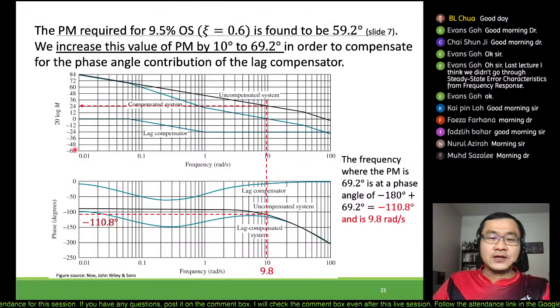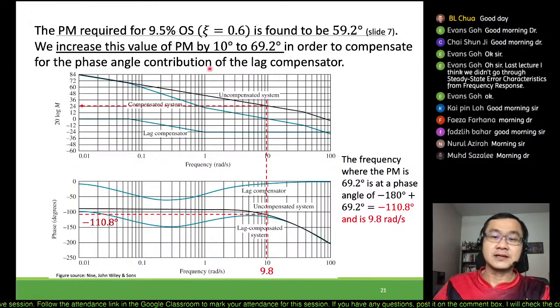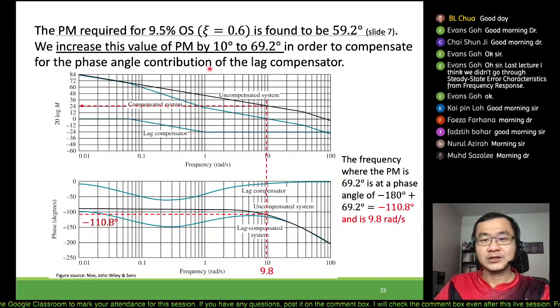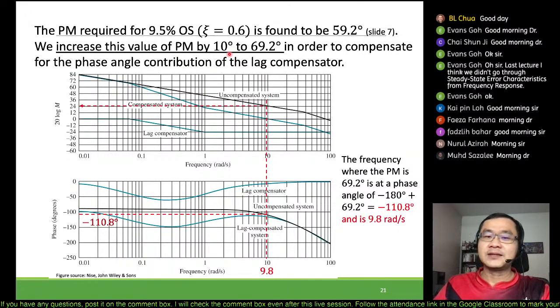Now if we increase this value of phase margin by 10 degrees, in order to compensate the phase angle contribution of the compensator. This value of 10 degrees you can assume, so let's take it to be 10.